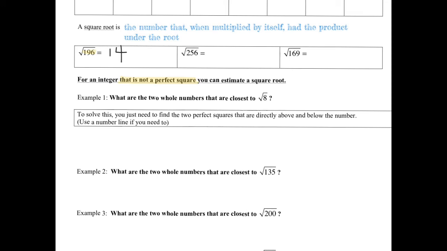So I'm going to look at, for example, this first example that asked me to look at the square root of 8. So there is no perfect square root of 8. If you look at your list from up above on these notes, or you look at your multiplication table, there is none. What we do know and have, however, are the two perfect squares that come one before 8 and one after 8. For example, I can easily identify the square root of 9, which comes just after 8.